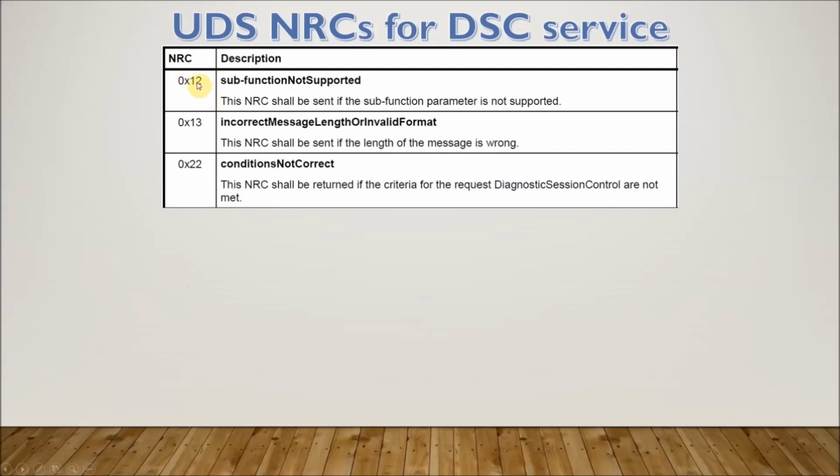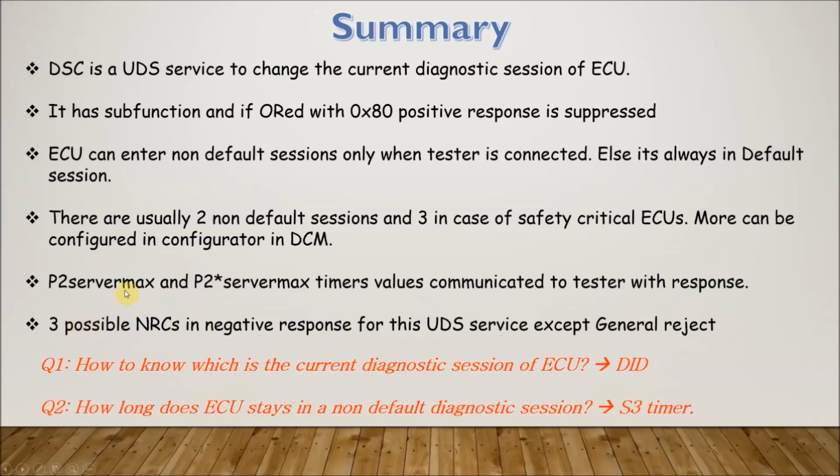Conditions not correct is of highest priority. Next comes the priority of NRC 13, and next comes the priority of NRC 22. Okay, so this is what we understood.